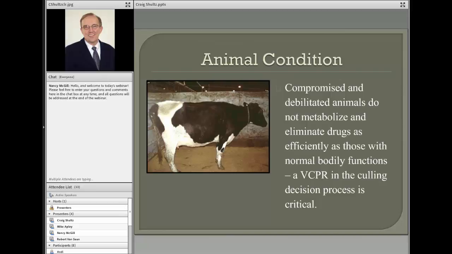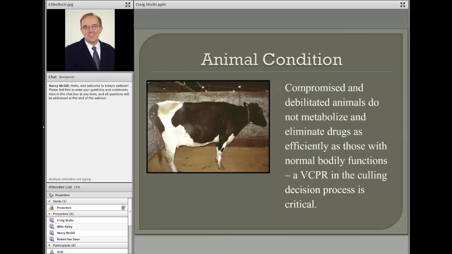Certainly cattle that are coming to slaughter in a distressed condition, and this is a little heifer that came to Wyalusing several years ago that had Johne's disease. This is something that we see on a regular basis in the slaughter facility, and certainly this animal is compromised.